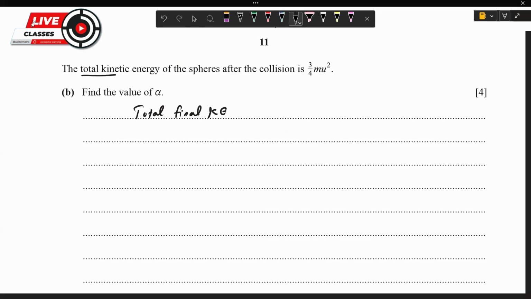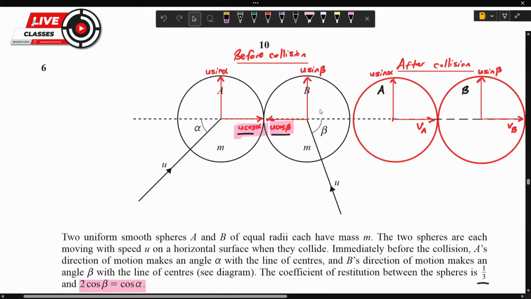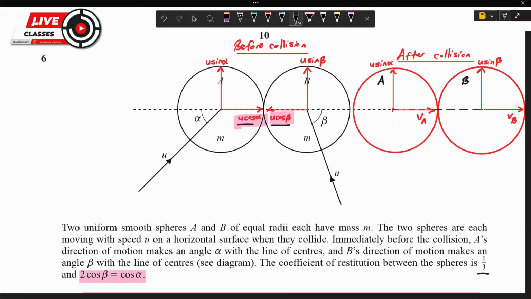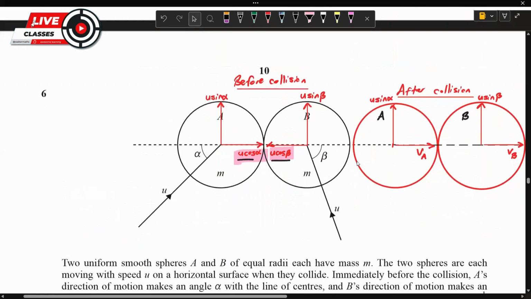That's the total energy of the spheres after the collision. So I'll call that final kinetic energy. And for that, we know that after collision, we have two particles here. So for A, we actually have shown on part A that the direction of motion of A is perpendicular to the line of centers, and that VA is 0.